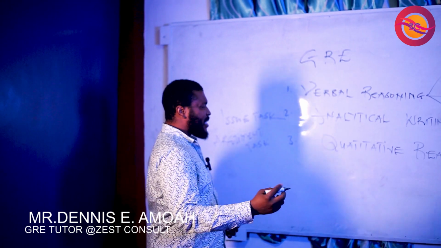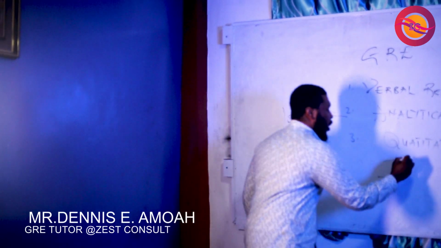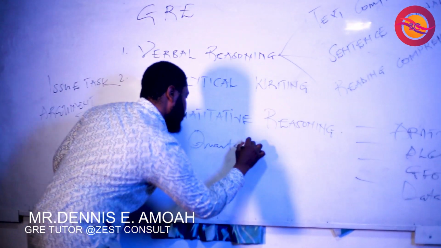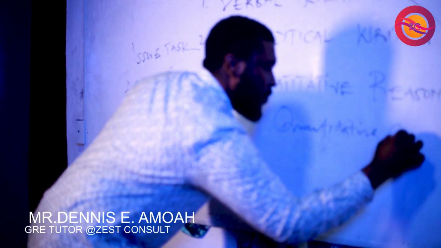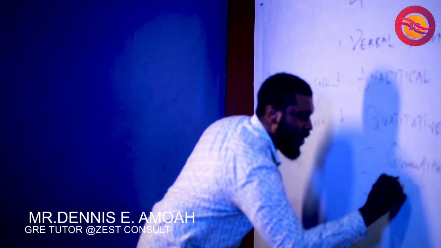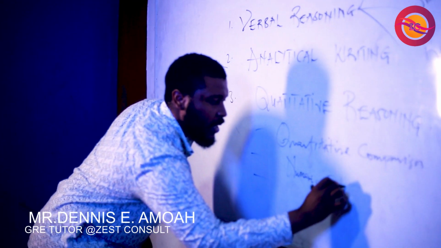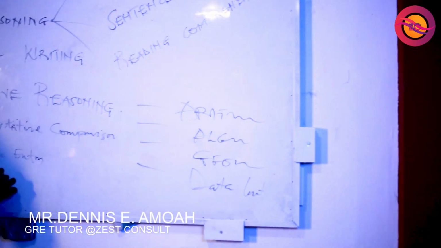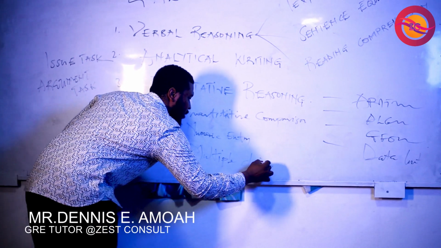But let us look at the question types for the math aspects of the GRE. We have the quantitative comparison question type, the numeric entry, and the multiple choice type of question.